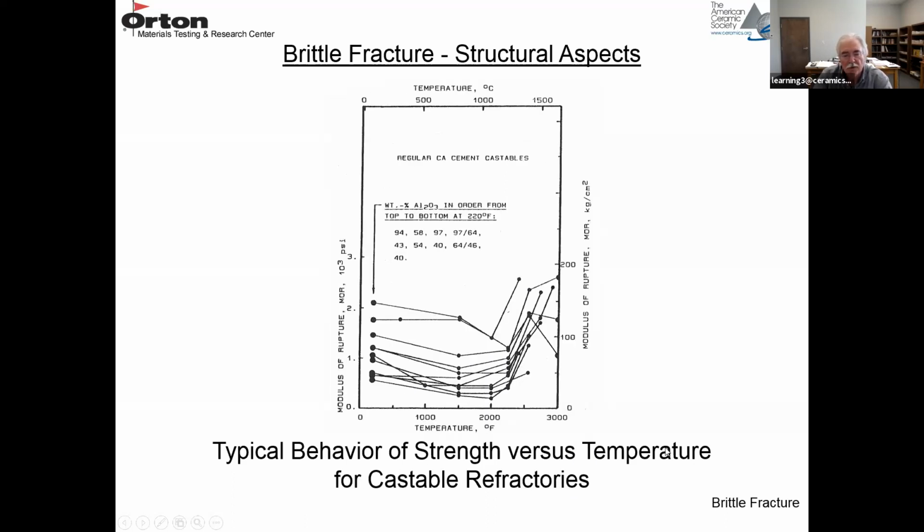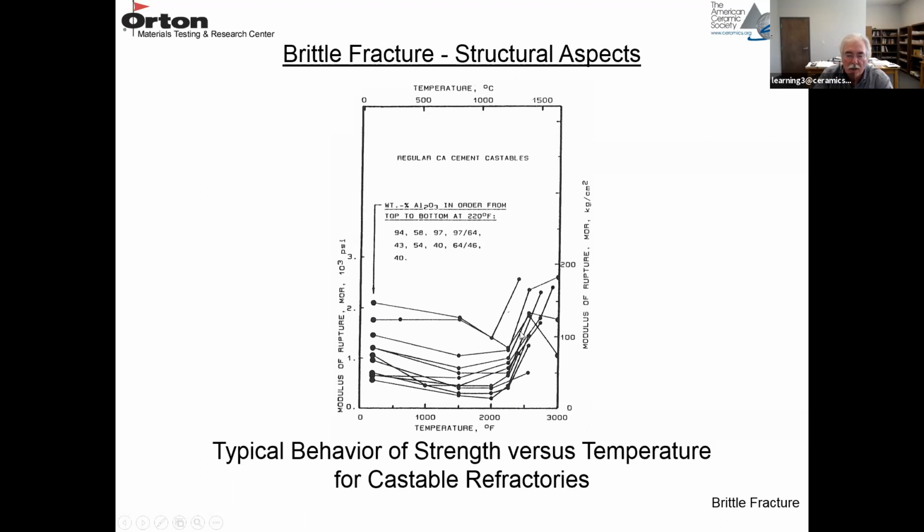Castables are a little bit different. So these are a series of castables, and the numbers represent the alumina contents. So you have strength versus temperature. And castables, I mentioned that as you heat them up, you degrade them because you destroy the calcium aluminate cement bond, you dehydrate the cement, you weaken the bond, you create porosity, so you decrease the strength.